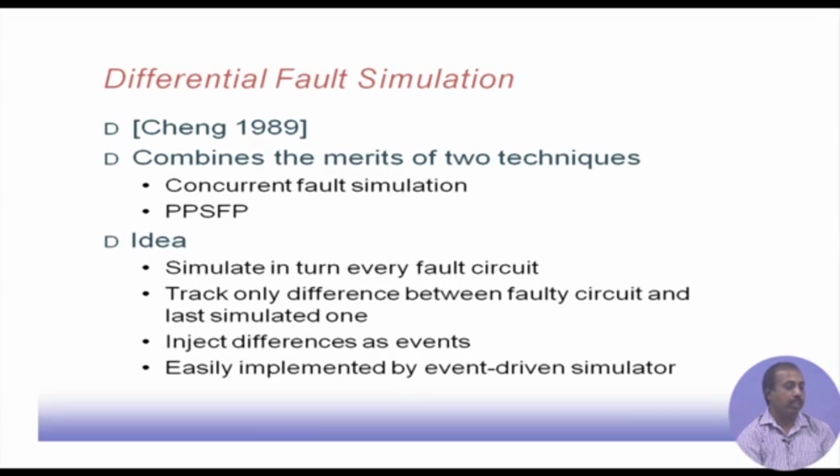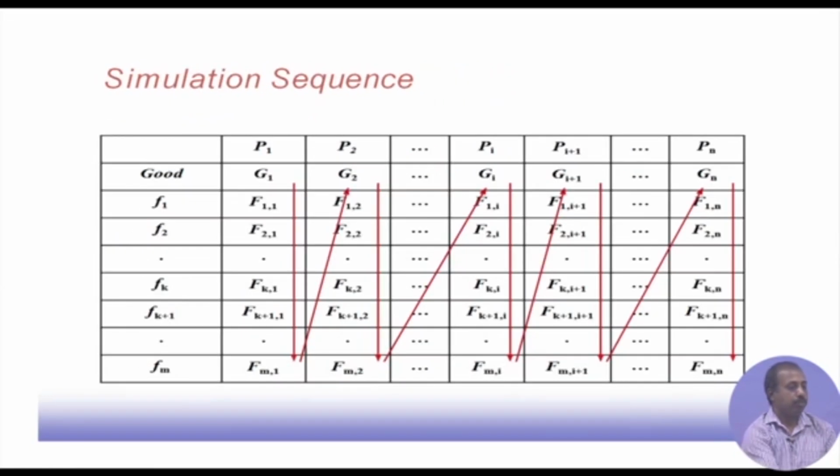So, first for the good circuit, we simulate for patterns P1, P2 up to Pn. For P1, G1 is simulated, then we insert fault F1, and it finds out the faulty responses for every fault. This is done using a parallel pattern simulator.